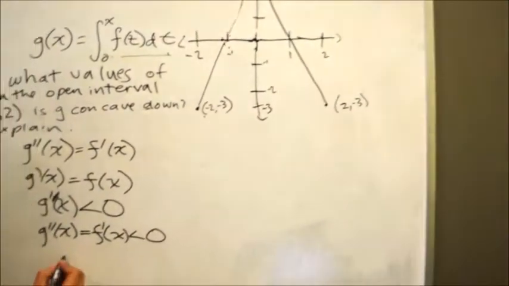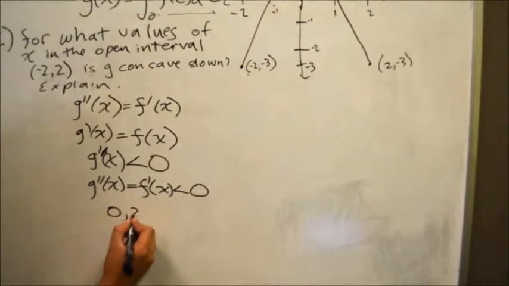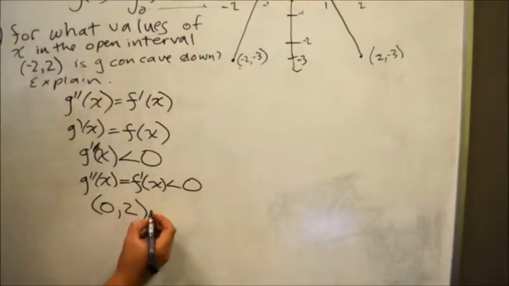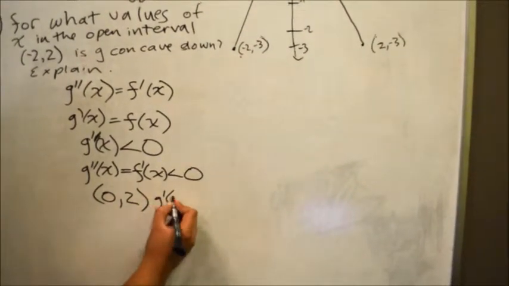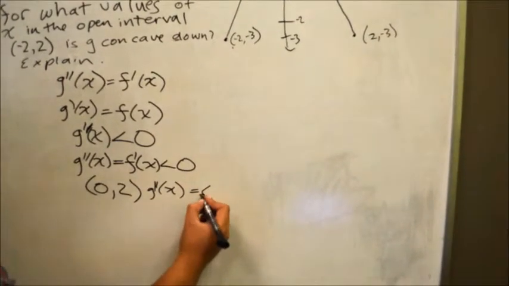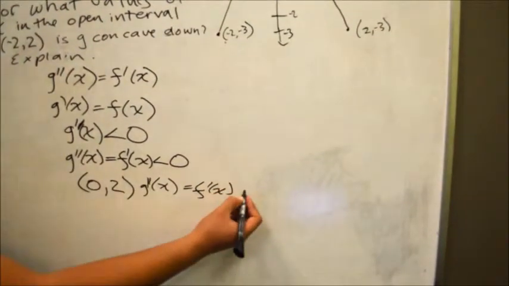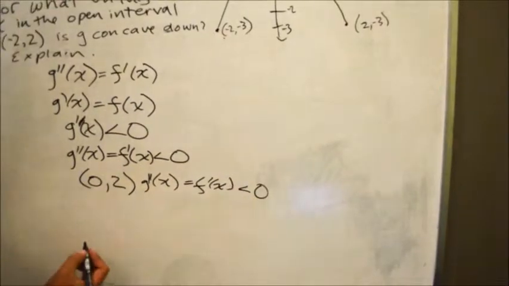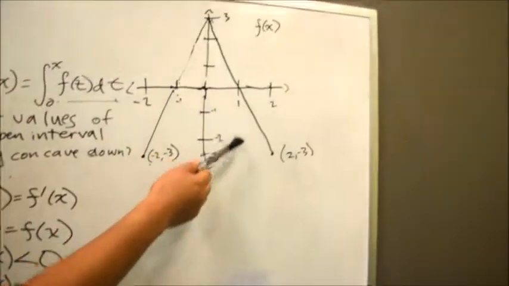So from 0 to 2, g double prime of x equals f prime of x is less than 0, because f is decreasing.